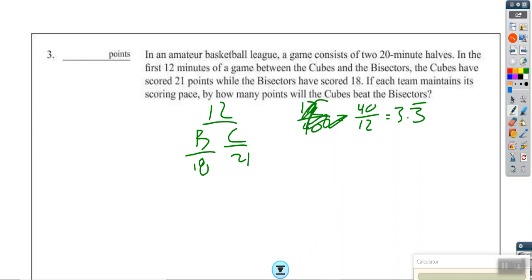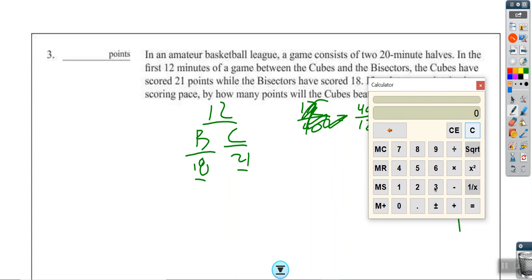All I have to do is multiply 3.3 repeating to each score, and I'll get the team scores, right? So 3.3 repeating times 18, that's going to be 60. And then 3.3 repeating times 21, that's going to be 70. That is a difference of 10 points.